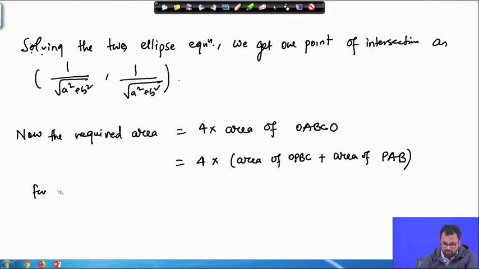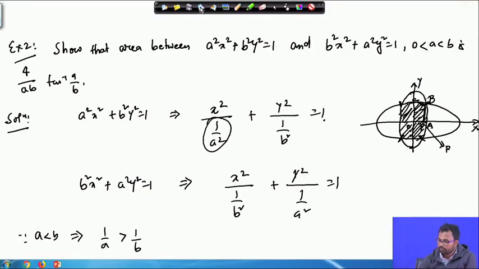So for the area of PAB, this is the part of our inverted ellipse, and from here we have to calculate the value of y.